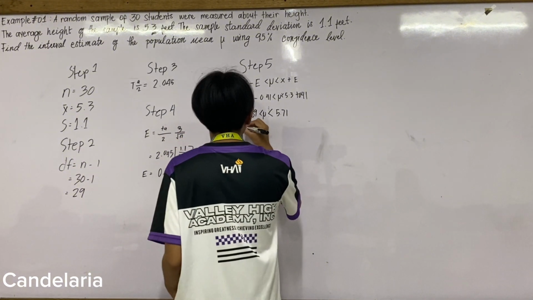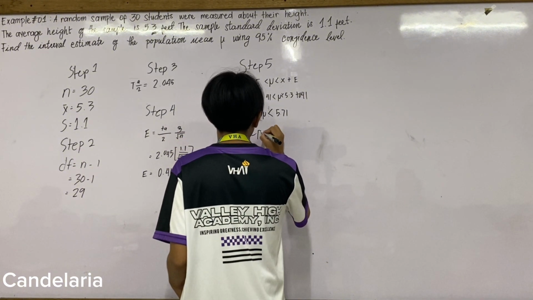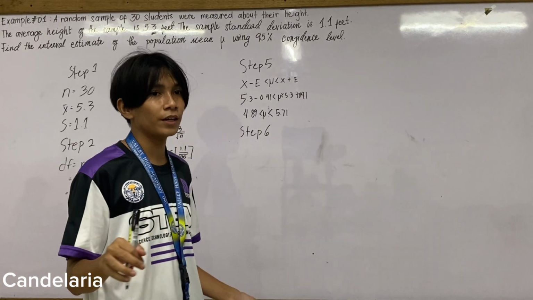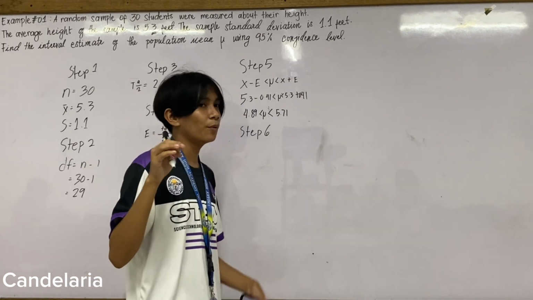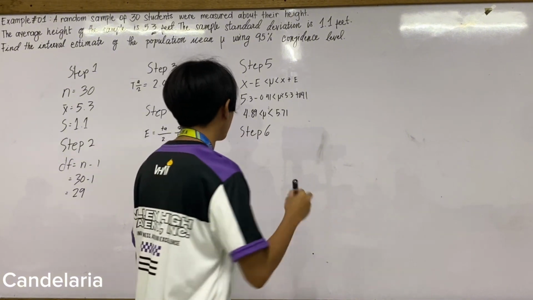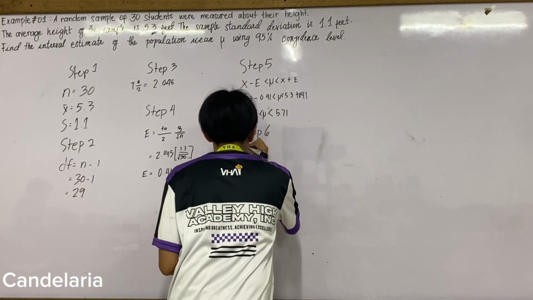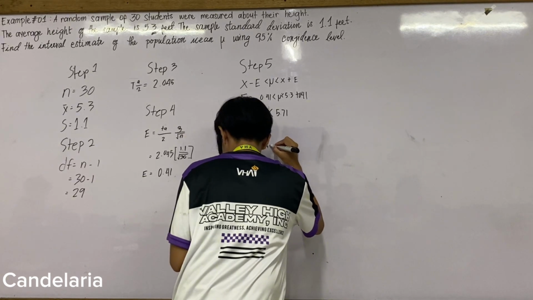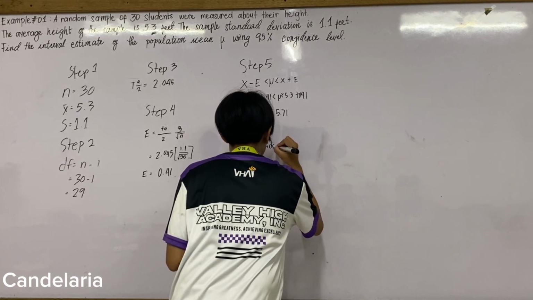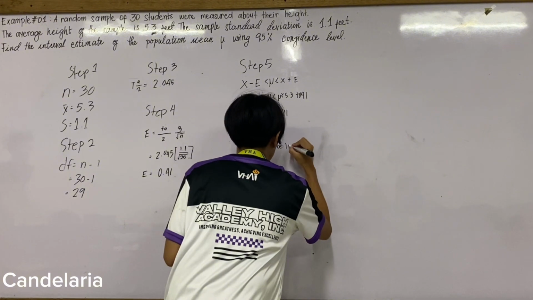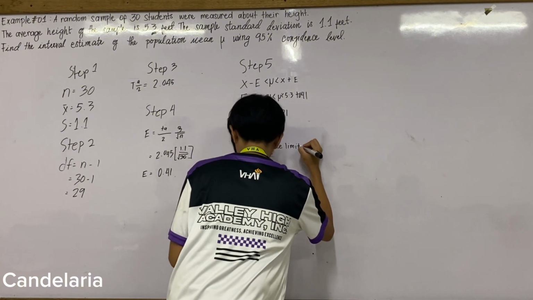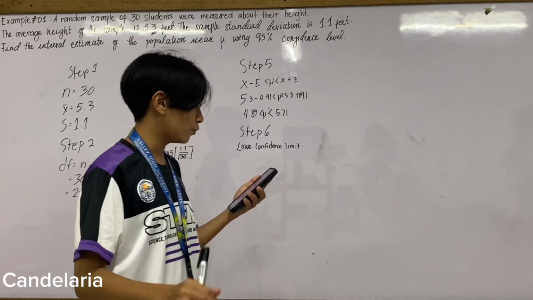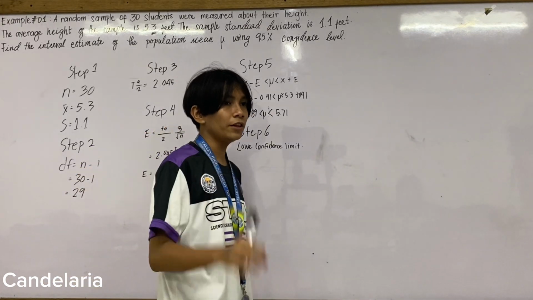For our step 6, we need to write the lower confidence limit, and our confidence limit is 4.89.